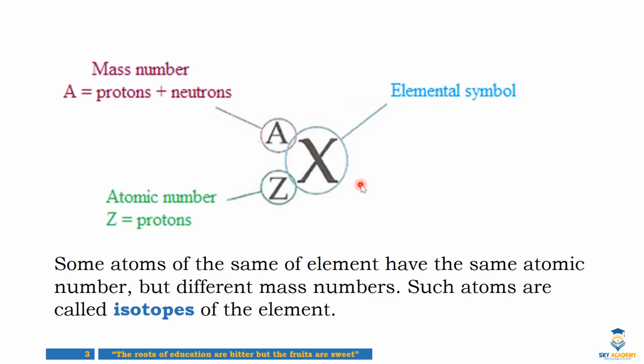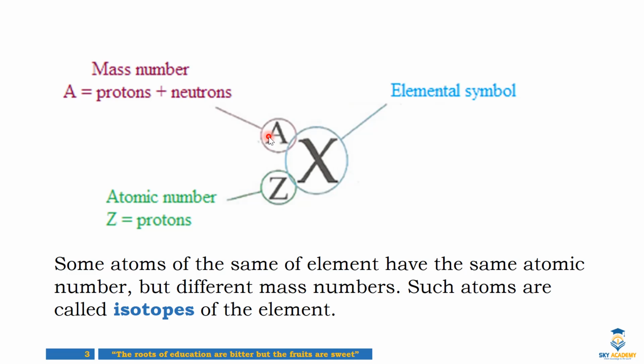For example, you can replace with the calcium, and then you put here the mass number, and then here we put the atomic number. Here A is the symbol for the mass number.